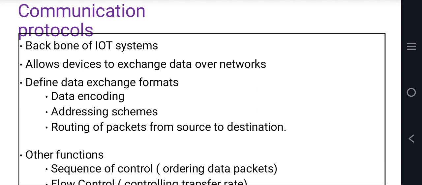Next subdivision is communication protocols. Communication protocols are the backbone of IoT systems, which allow devices to exchange data over a network. In order to exchange data, we have to define the data exchange format by means of data encoding, addressing schemes, and routing of packets from source to destination.